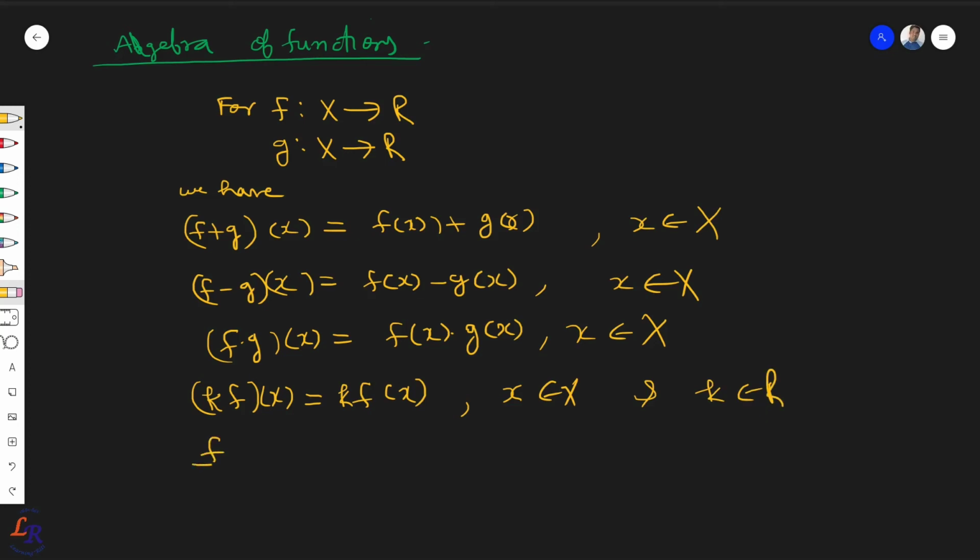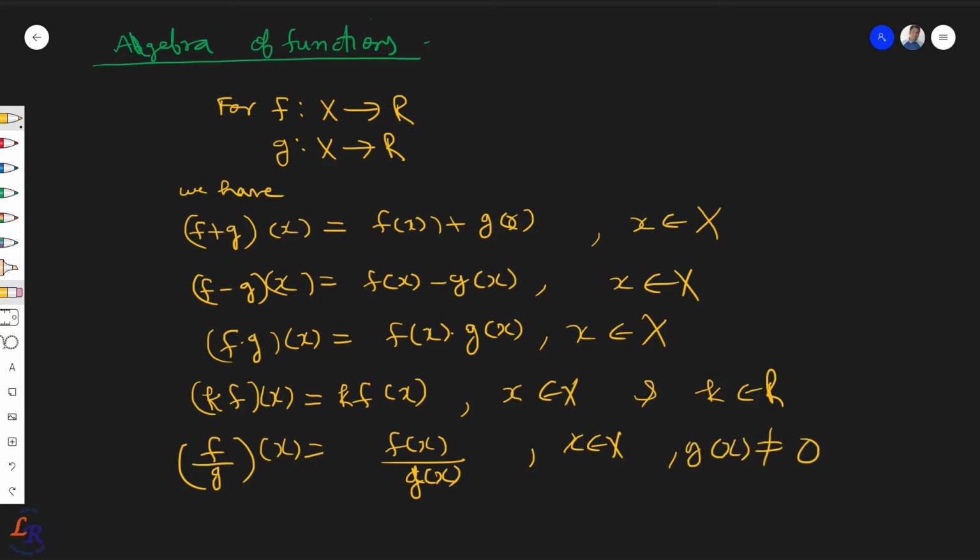The division of function f by g, you can write (f/g)(x) = f(x) divided by g(x), where x is an element of X and g(x) is not equal to 0. So these are some algebra of functions.